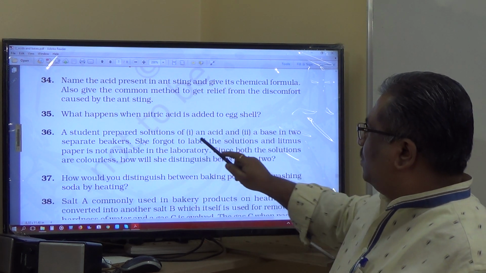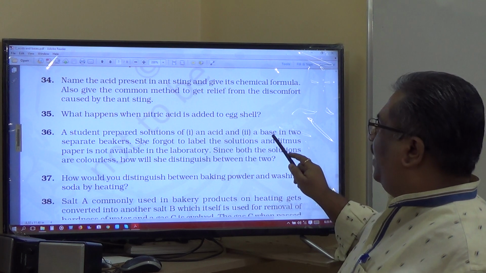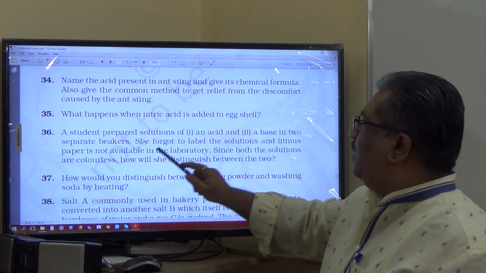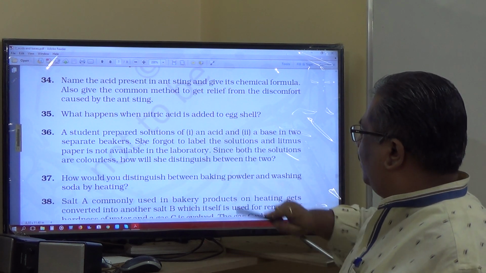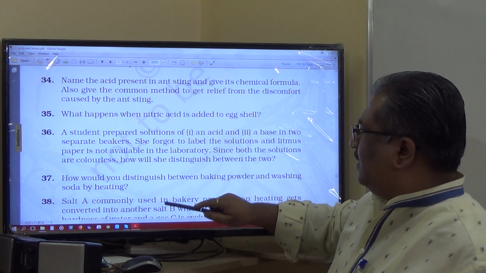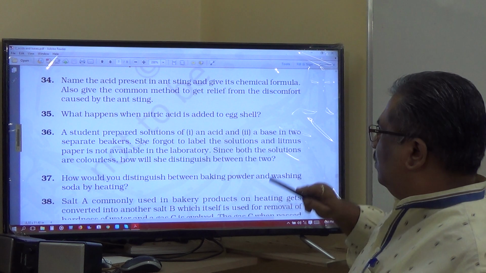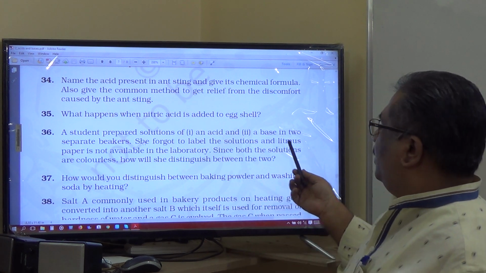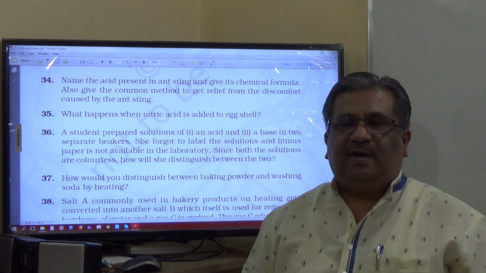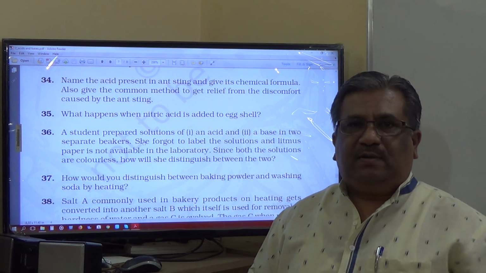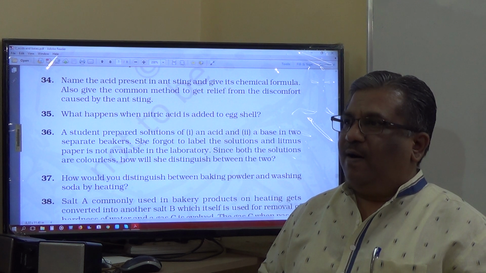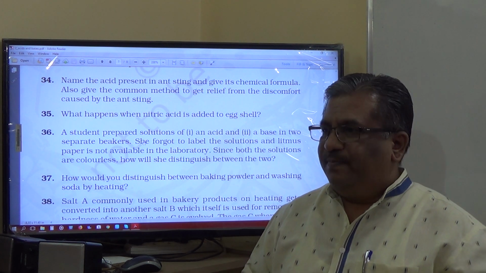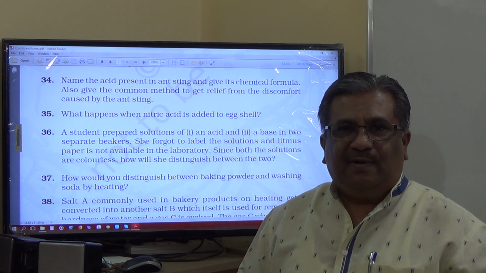A student prepared solutions of an acid and a base in two separate beakers. She forgot to label the solutions and litmus paper is not available in the laboratory. Since both solutions are colorless, how does she distinguish between the two? If she forgot to bring the litmus paper, use turmeric powder, or phenolphthalein, or methyl orange, or methylene blue, isn't it?